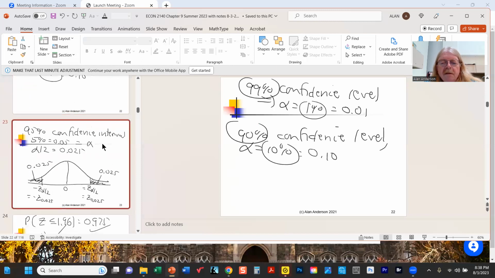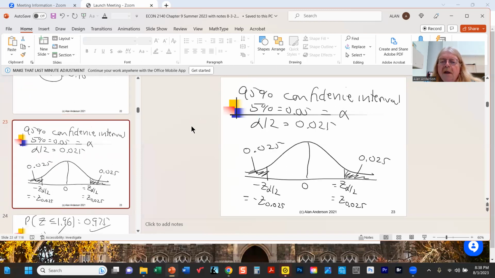Now, let's take a look at the normal curve. Let's say we're trying to construct a 95% confidence interval. The alpha is 5%, but it's actually split up equally between the extreme right and left tails of the distribution. So that 5% alpha is actually cut in half to become 2.5% in the right tail and 2.5% in the left tail. So 5% is equally distributed between the left and the right tails, which implies that the rest is in the center.